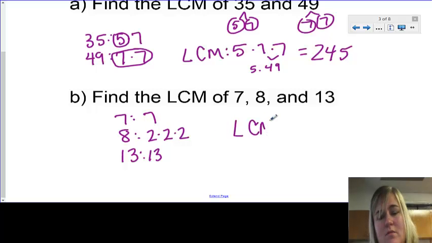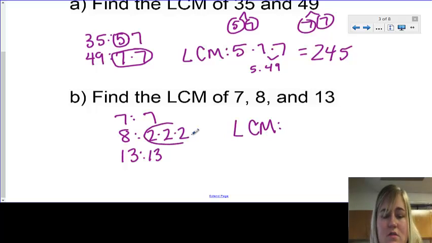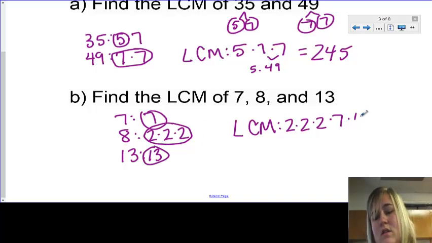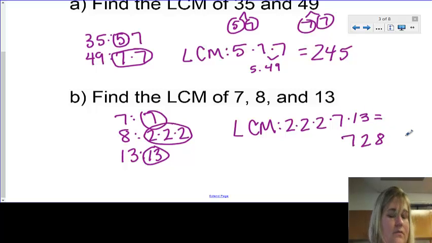So my LCM, I'm going to take the most 2's, which was those 3, most 7's, and the most 13's, which means I'm just taking 7 times 8 times 13, and that gets me 728. Final answer.